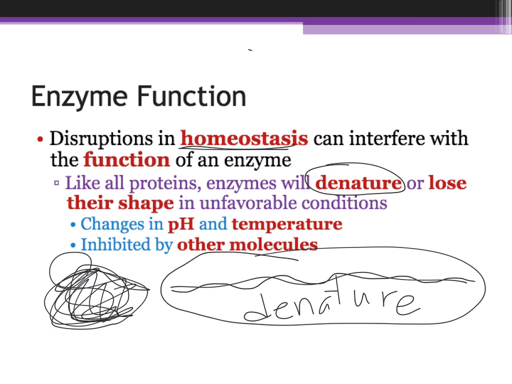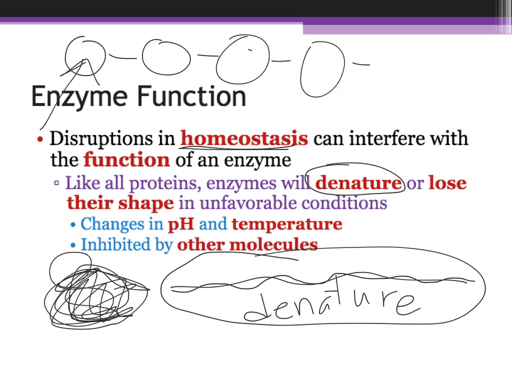Here's a good little review of proteins. Remember, proteins, the monomer is that circle in your head. Think of what the monomer is. Amino acid, good job. And then we form this chain. The chain is the polypeptide chain. And then that's going to fold up into this 3D structure.